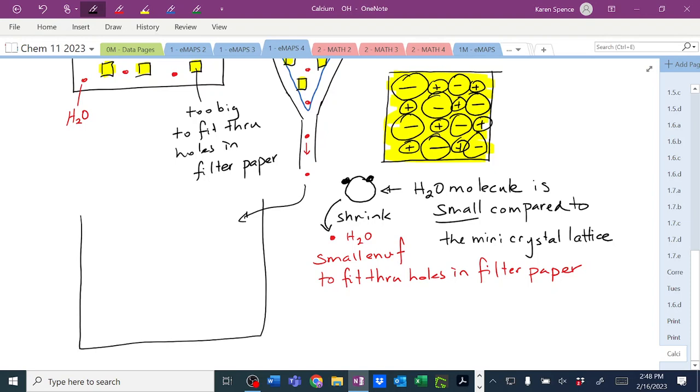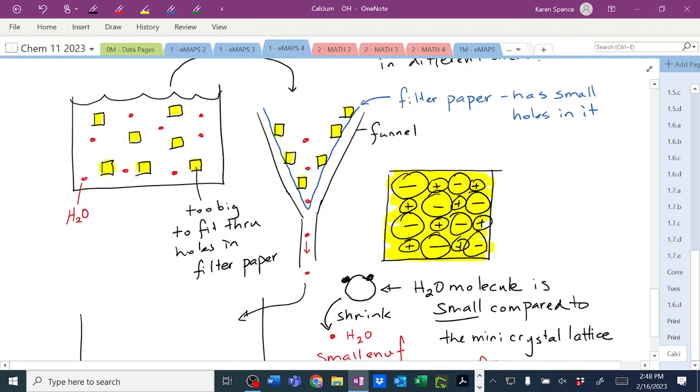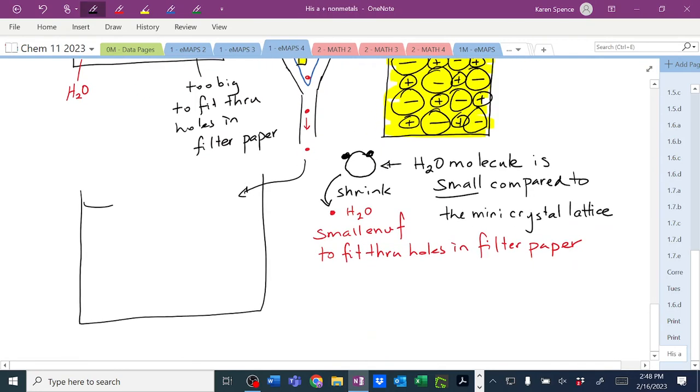So what do I now have in my beaker? I now no longer have the little mini crystal lattices. Now I just have what's left? Water. Okay, and like I said, that would just be completely red if I drew all of them.